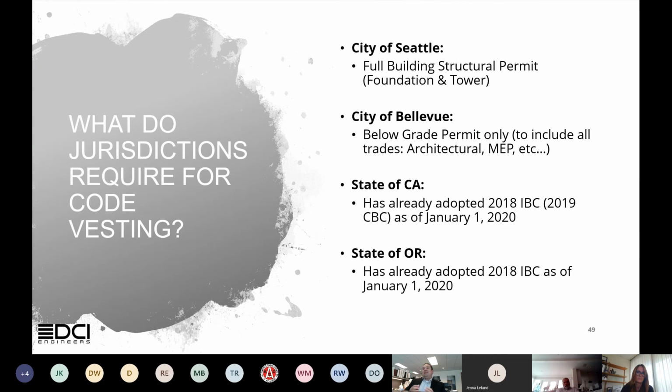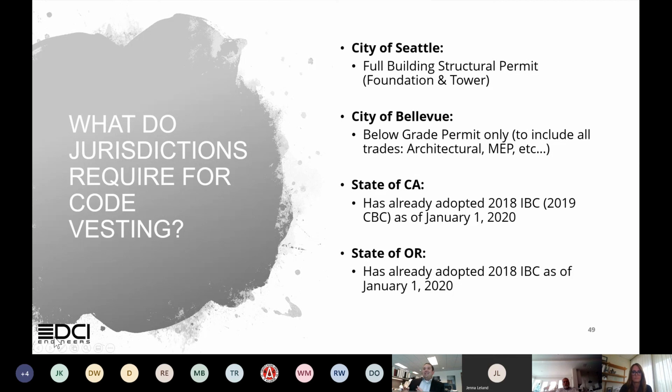So what exactly do jurisdictions require for vesting in the previous code cycles? Looking at City of Seattle, anything within the City of Seattle jurisdiction, they are looking for a full building structural permit, which includes both below grade foundation and the tower as well. So structural package has to be complete for both the foundation and the tower to submit for that February 1 deadline to be vested in the previous code cycle.